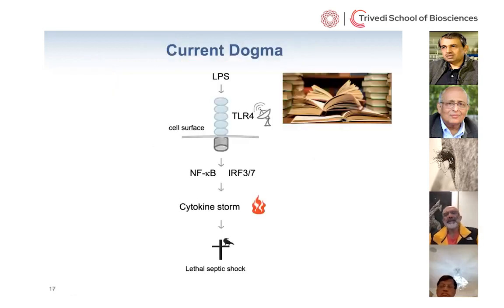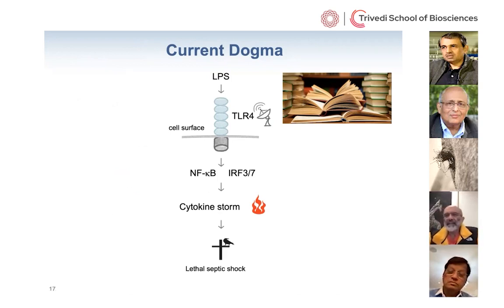And so this has led to, I would say, a dogma in immunology textbooks that when TLR4 is engaged by LPS, you activate downstream signaling pathways that include NF-kappa B, pro-inflammatory pathways. This leads to a massive cytokine storm and lethal septic shock.